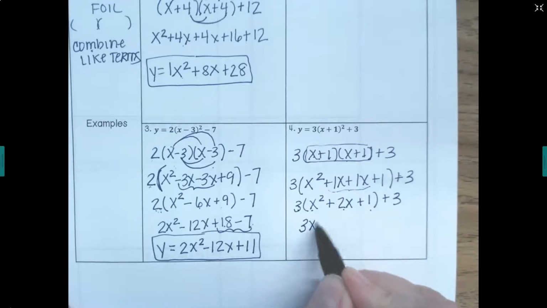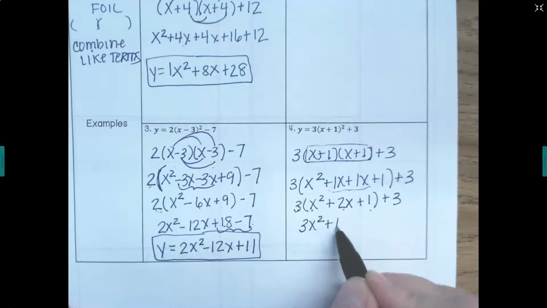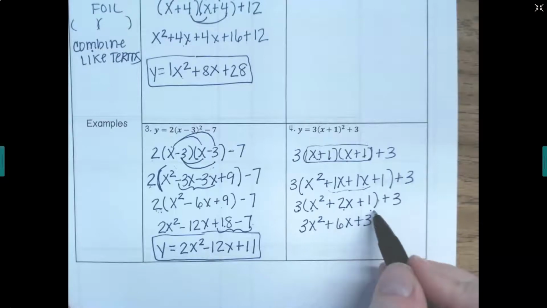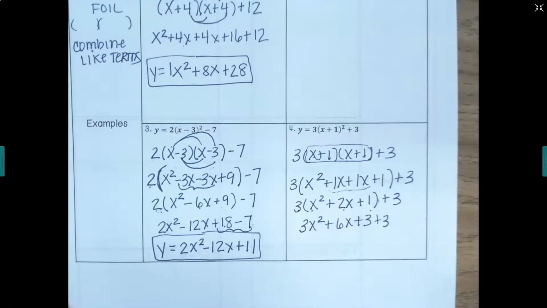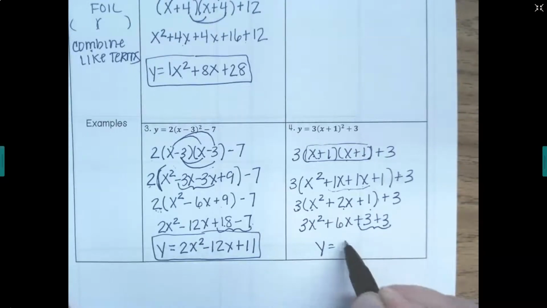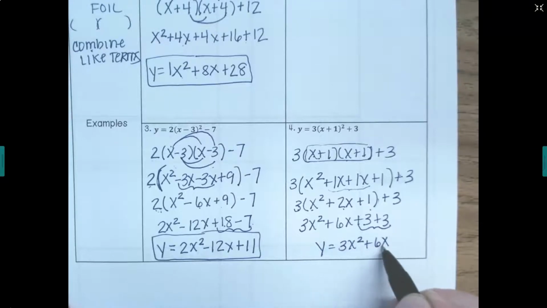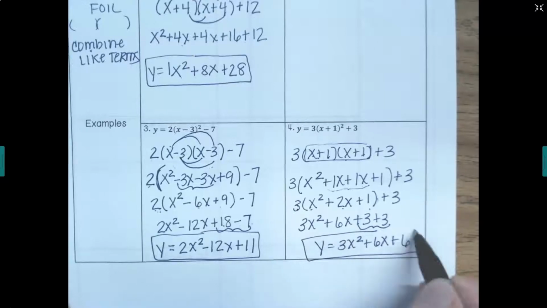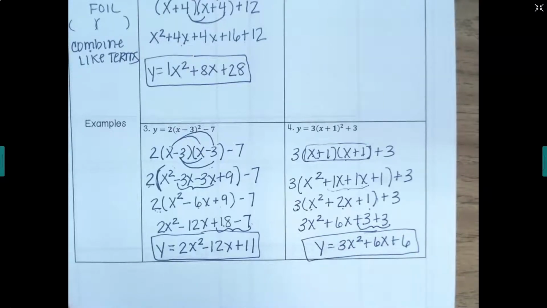So we get 3x squared plus 6x plus 3. That ends the parenthesis, and there's still a plus 3. Our last like terms will give us 3x squared plus 6x plus 6. And now we're in standard form.